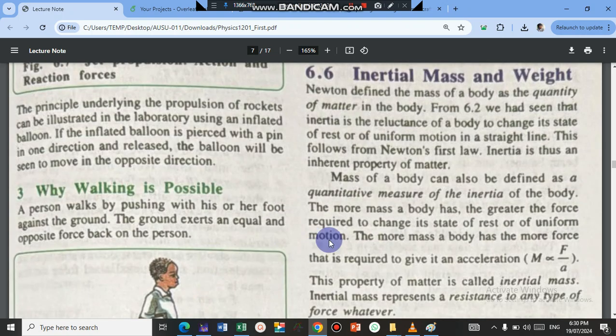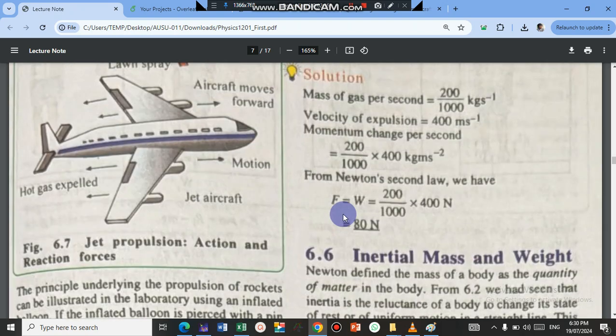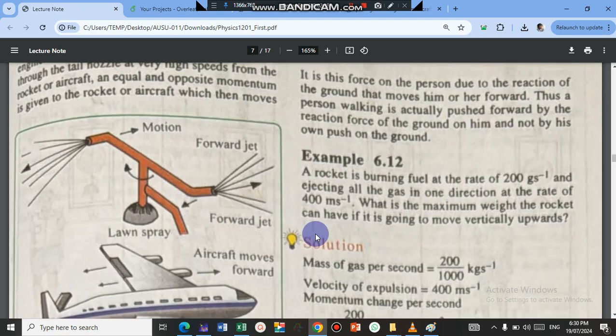We are going to solve a problem here using this law. Example 6.12. A rocket is burning fuel at the rate of 200 gram per second, meaning after every 1 second, 200 gram of the fuel is burned to form hot gases, ejecting all the gas in one direction at a velocity of 400 meters per second.